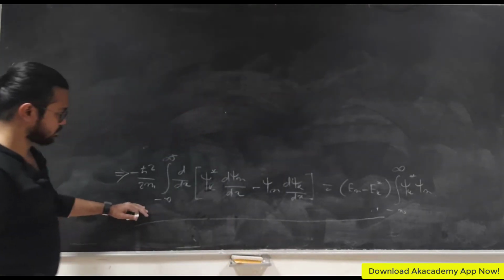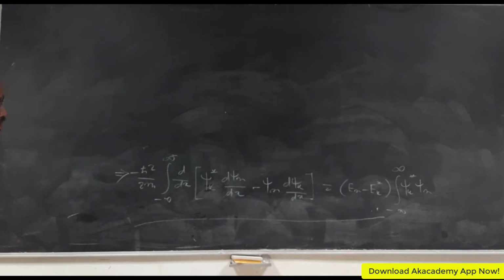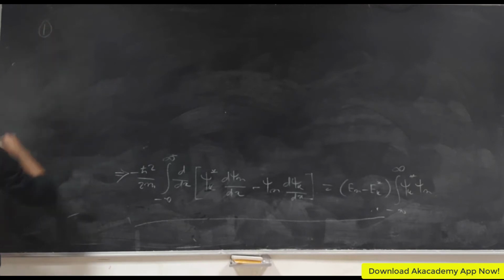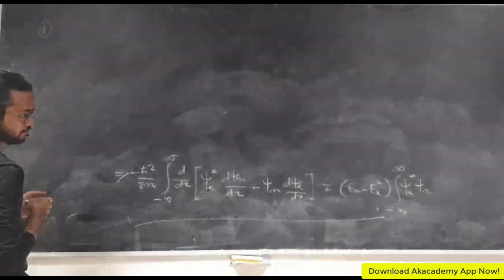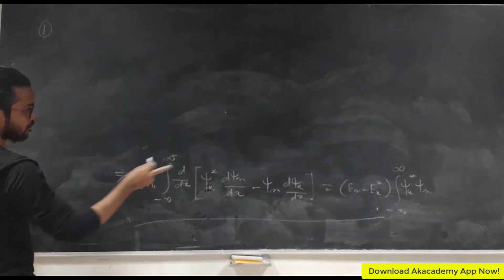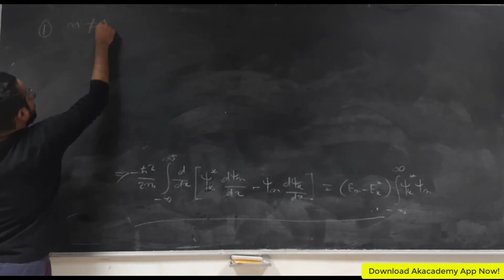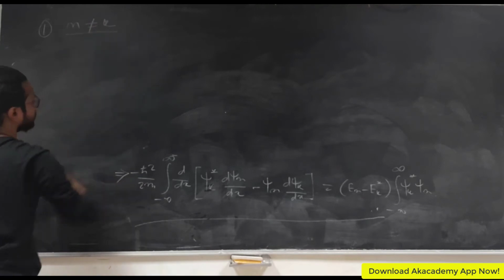Okay, so we can have two scenarios. Number one is n is not equal to k. This is our first scenario.